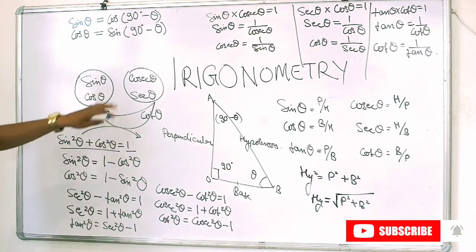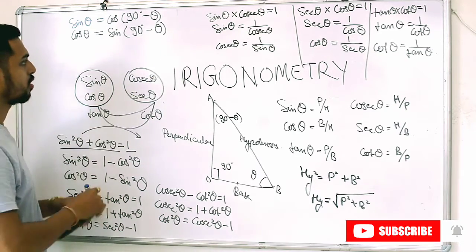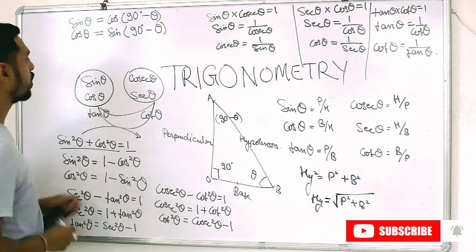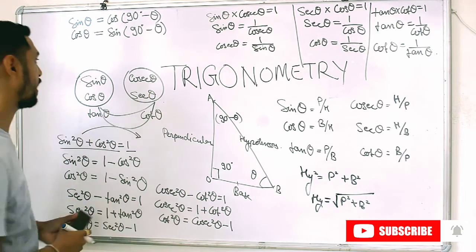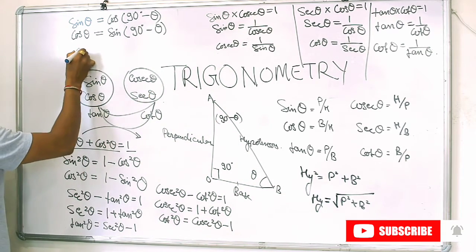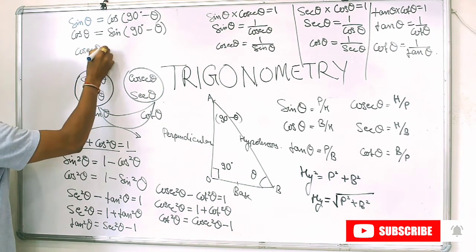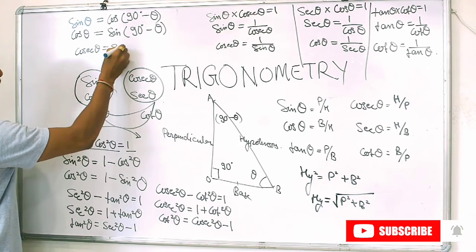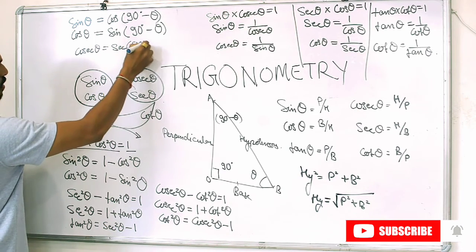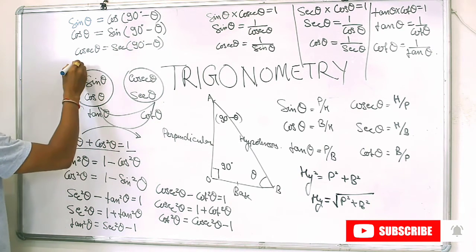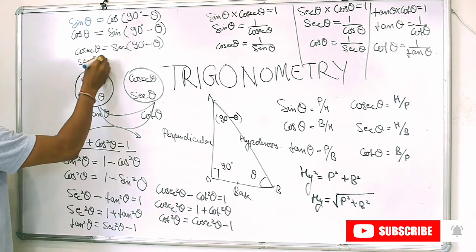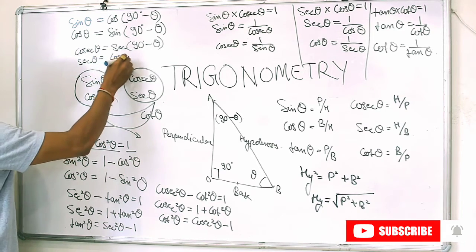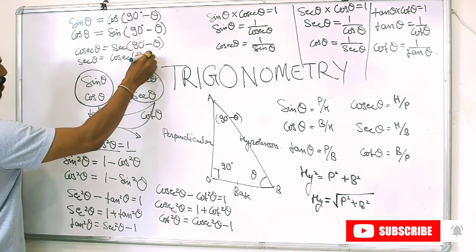Now we have cosec theta and sec theta, right? So cosec theta is equal to sec of 90 degree minus theta. Sec theta is equal to cosec of 90 degree minus theta.